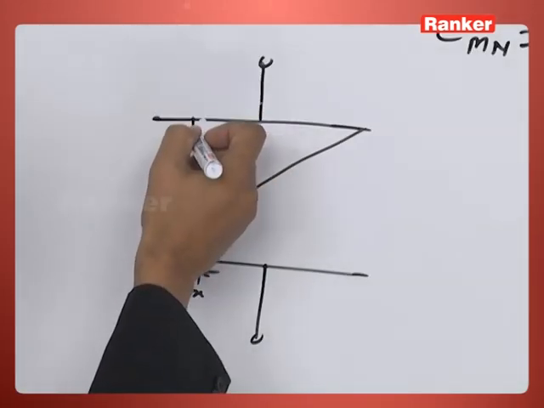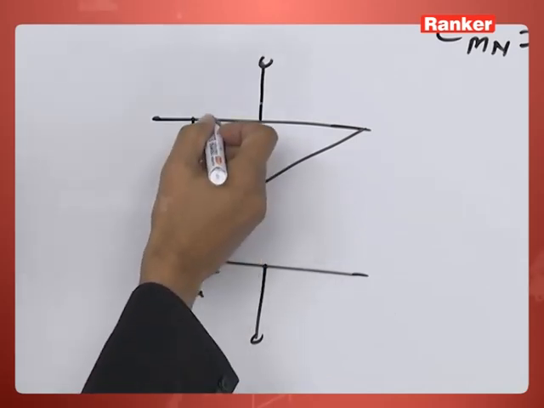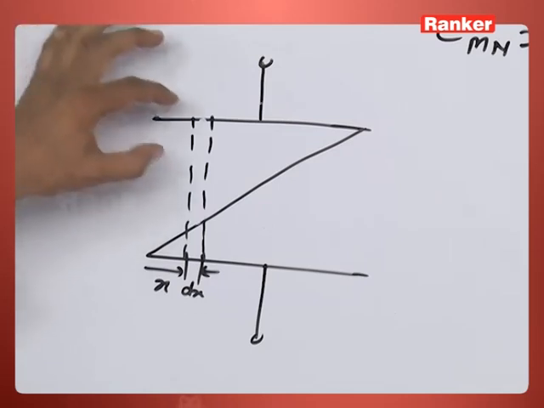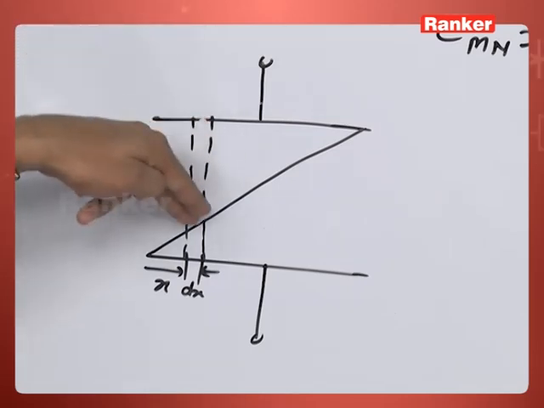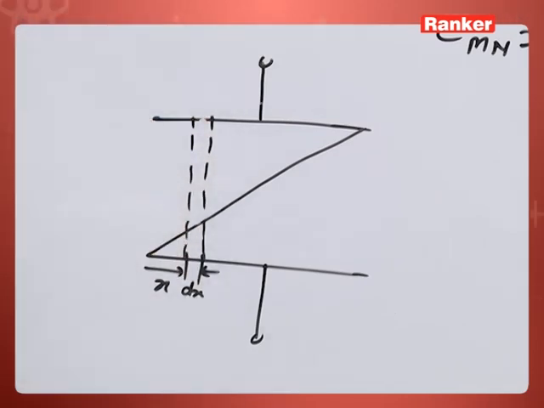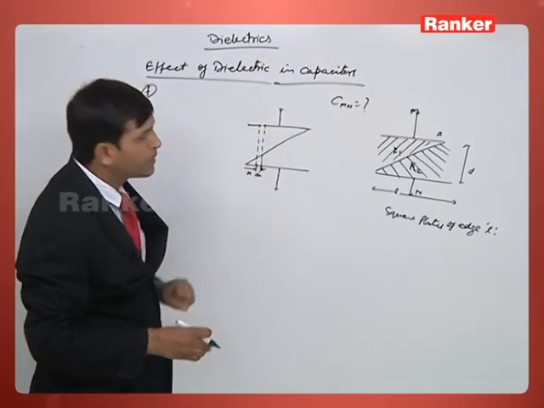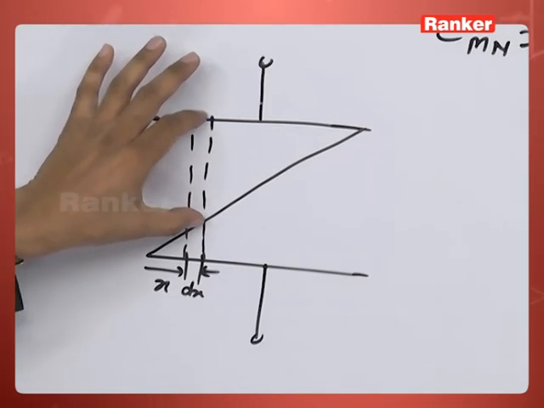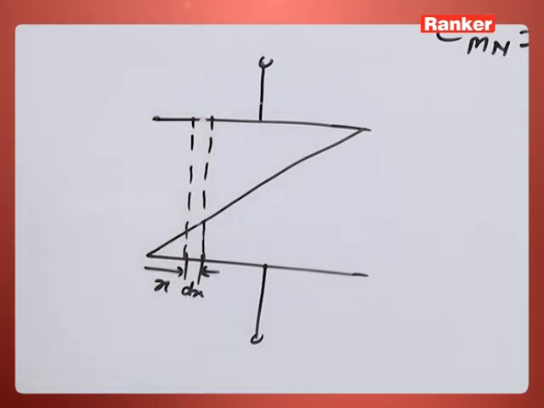So we can have it just like two capacitors, one from here to here, another from here to here, and these two are in series. See, this is one capacitor, this is another capacitor, and these are in series.